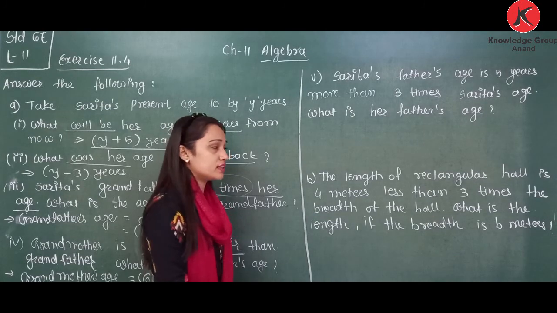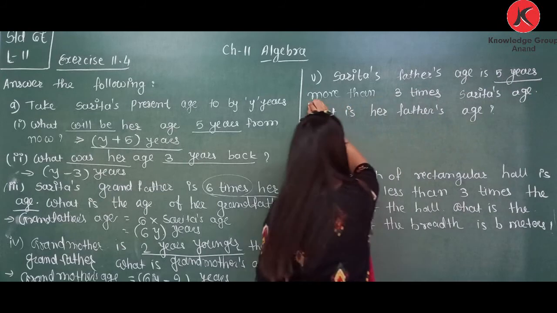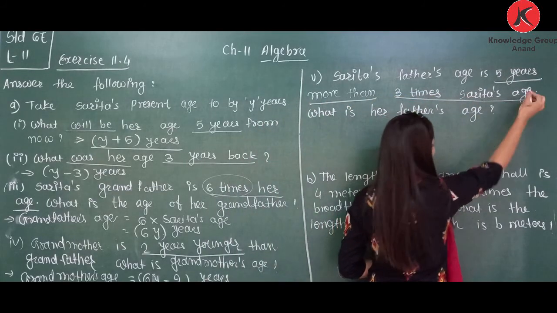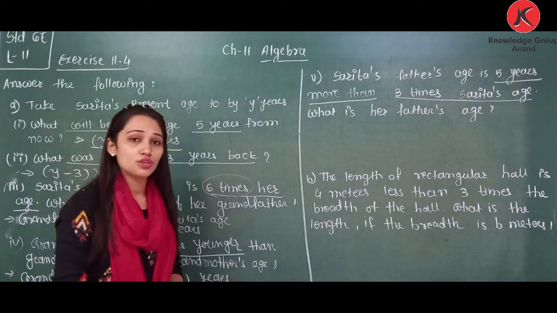What is her father's age? So 5 years more means addition of 5 to 3 times Sarita's age. So it means multiply 3 by Sarita's age.